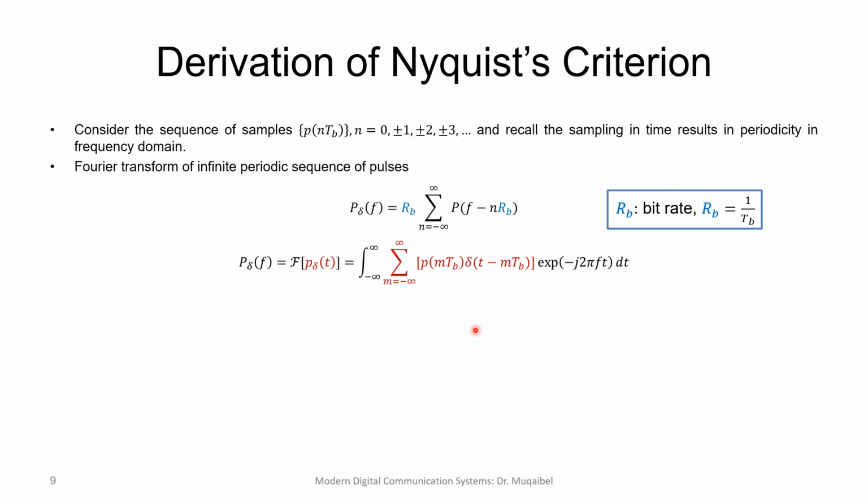Now let's try to derive this, although we have done that before. If you visit my other course, Communication Engineering, you'll find some derivation of Nyquist criteria. We'll do it just quickly here for the sake of recall, although the derivation is done a different way, the principle remains the same.